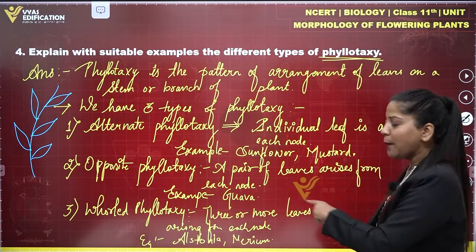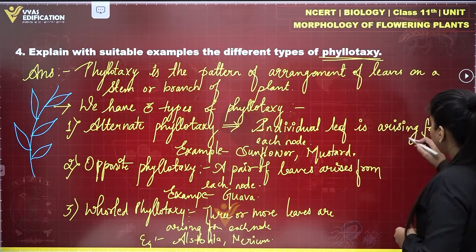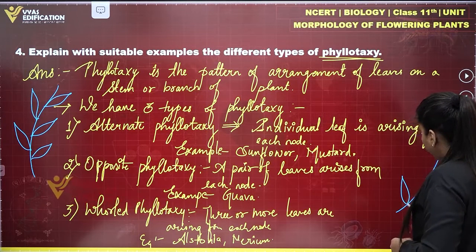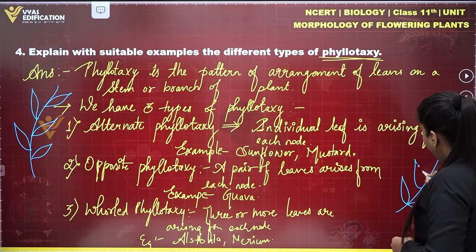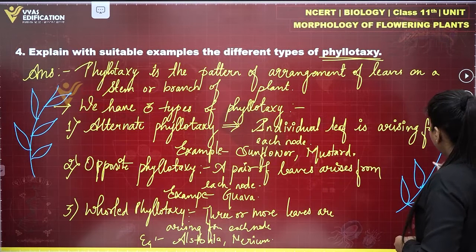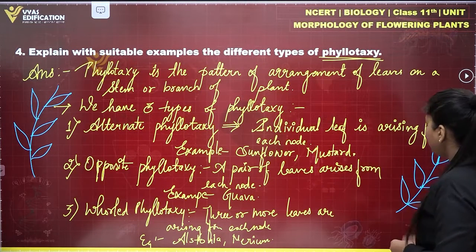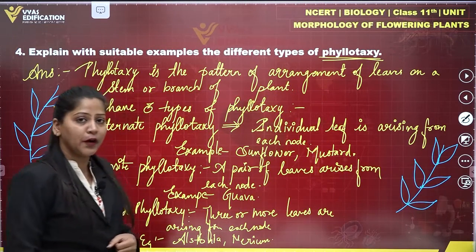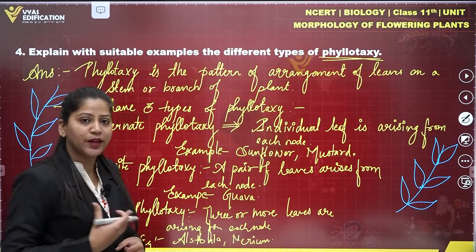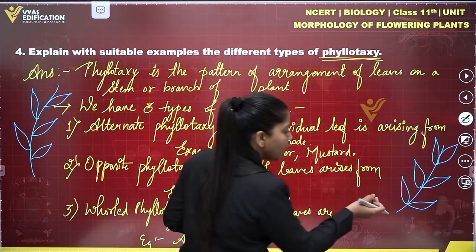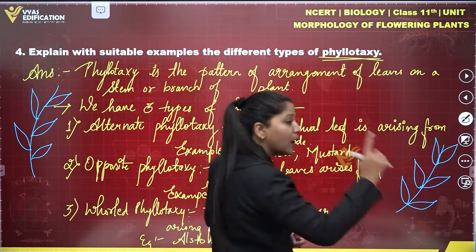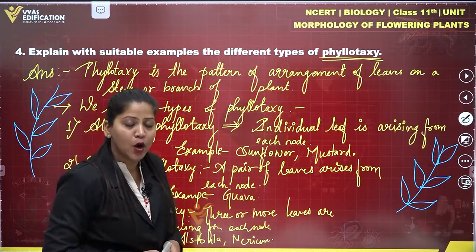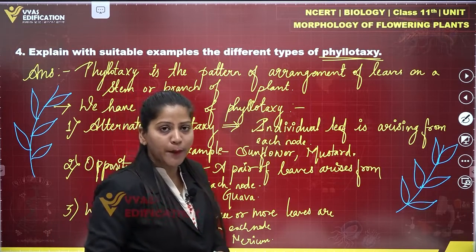For opposite phyllotaxy, this is the stalk, and a pair of leaves is arising from each node. This kind of arrangement of leaves on a stalk is said to be opposite phyllotaxy.